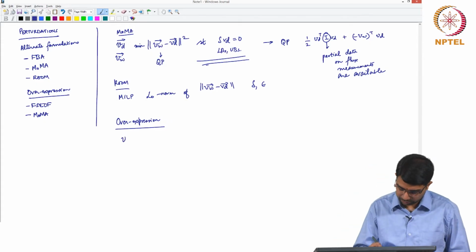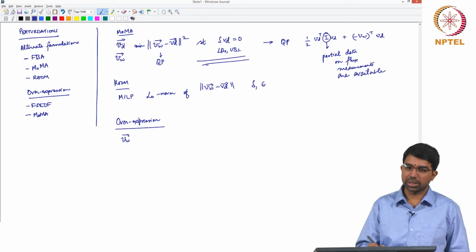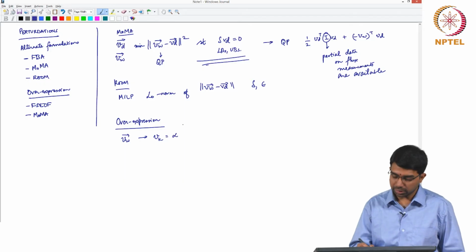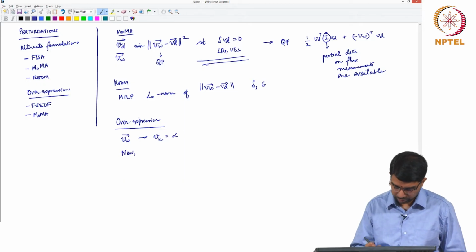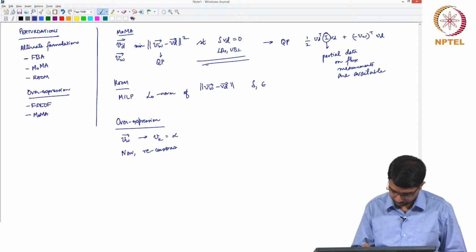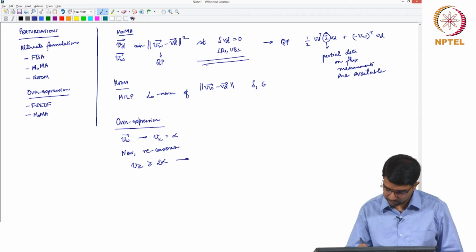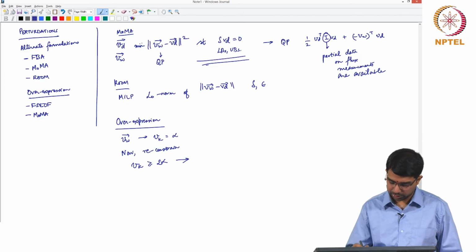So you basically solve first and you get a wild type flux, and now let us say some Vk equals some alpha, right. Now reconstrain, right, Vk greater than equal to 2 alpha and run the same old FBA formulation.